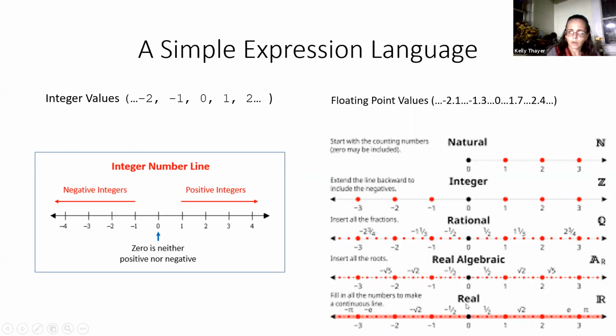And we also have the regular reals. We don't really need to get into what the difference between all of these different number schemes are, but the important point here is that we could have a reason to need to represent decimals.